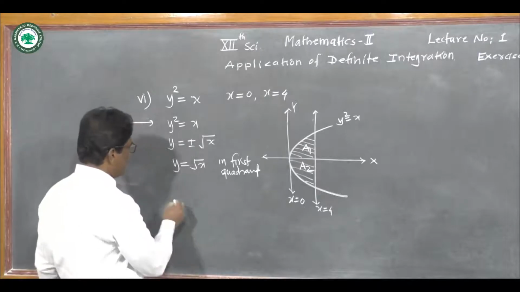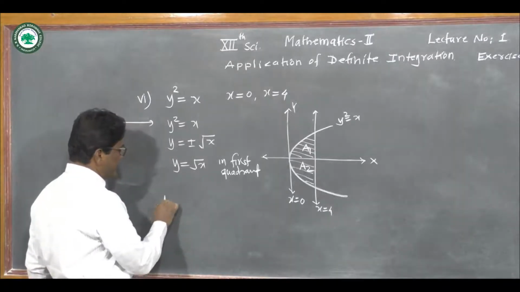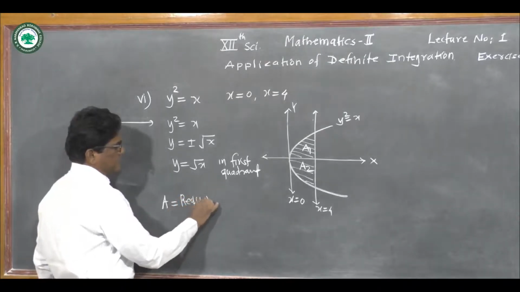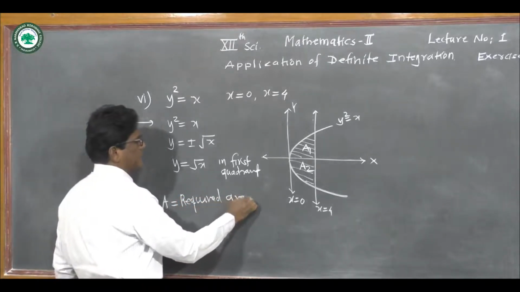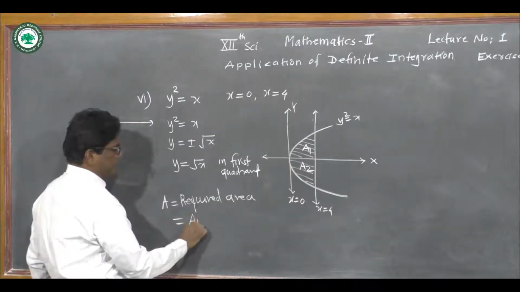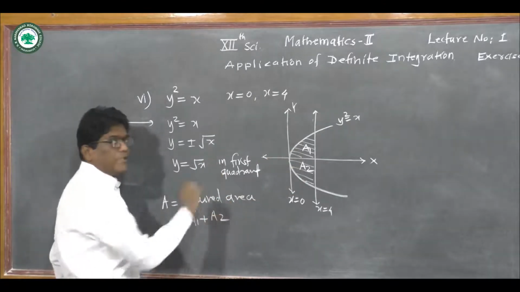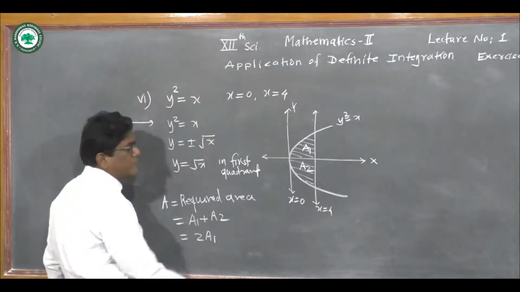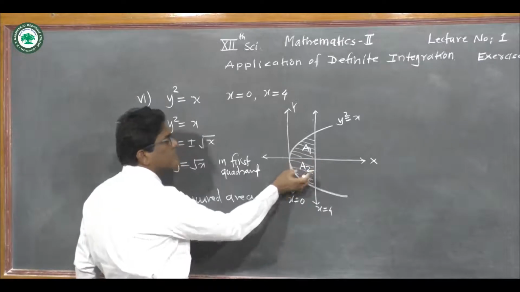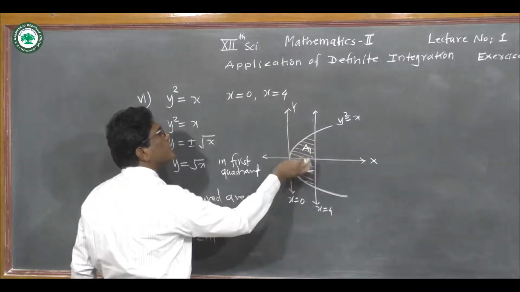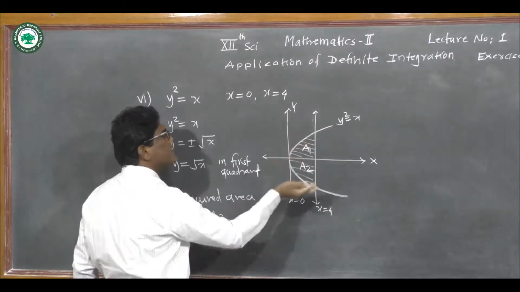Therefore required area A is equal to A1 plus A2. So it is equal to 2 times A1, because we know that A1 and A2 are the same area. This area and this area is same. So only find A1 and take its double.